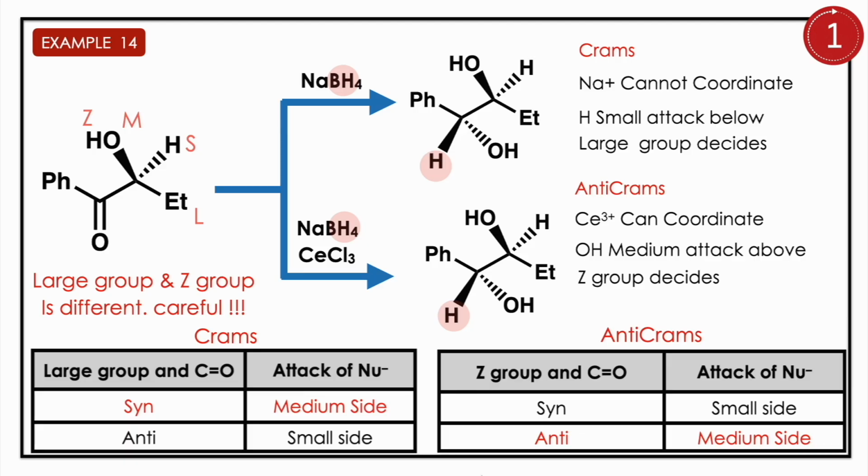Here medium is OH group, so attack will happen on OH side. Since OH above the plane, hydrogen also attack above the plane. You have the final product. The concept you have to learn here is large group and Z group need not to be the same. So careful with identification and application of Cram's rule and anti-Cram's rule.